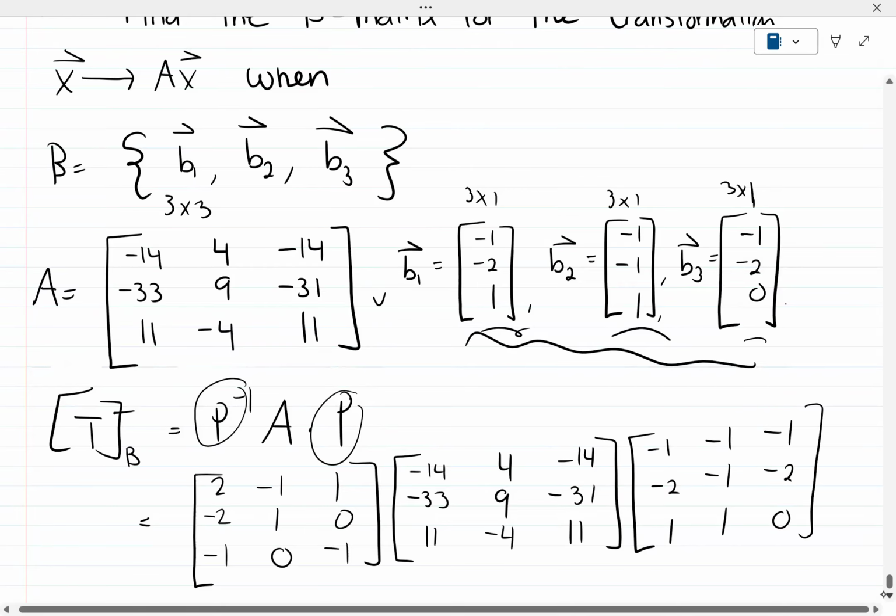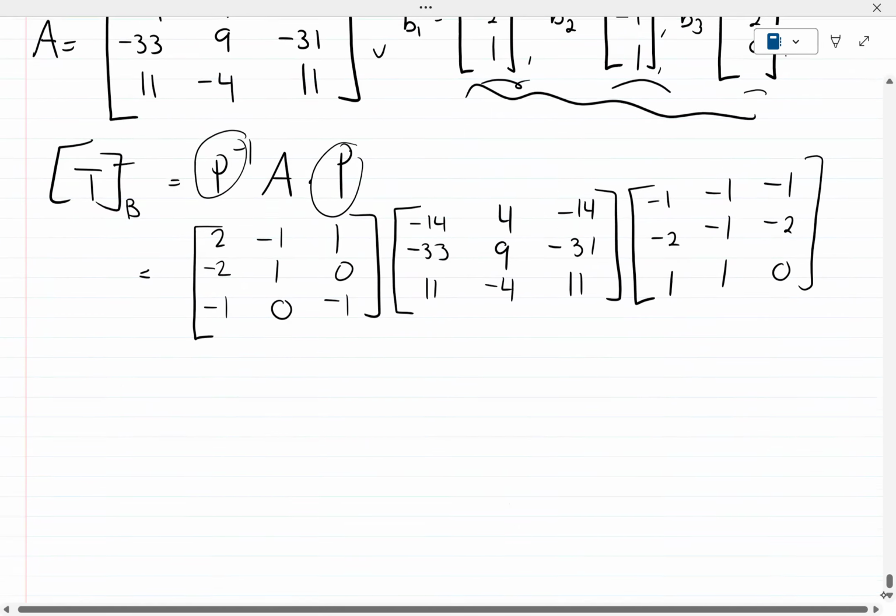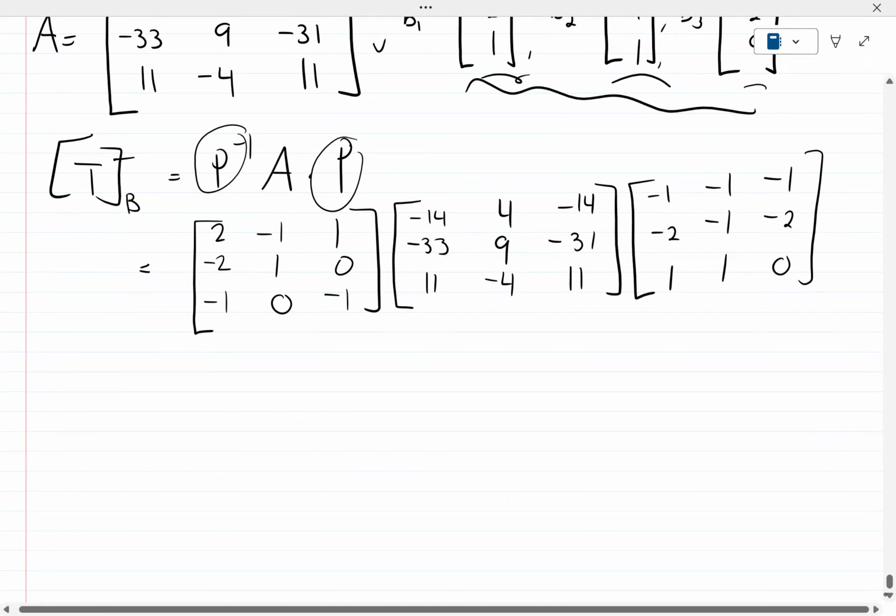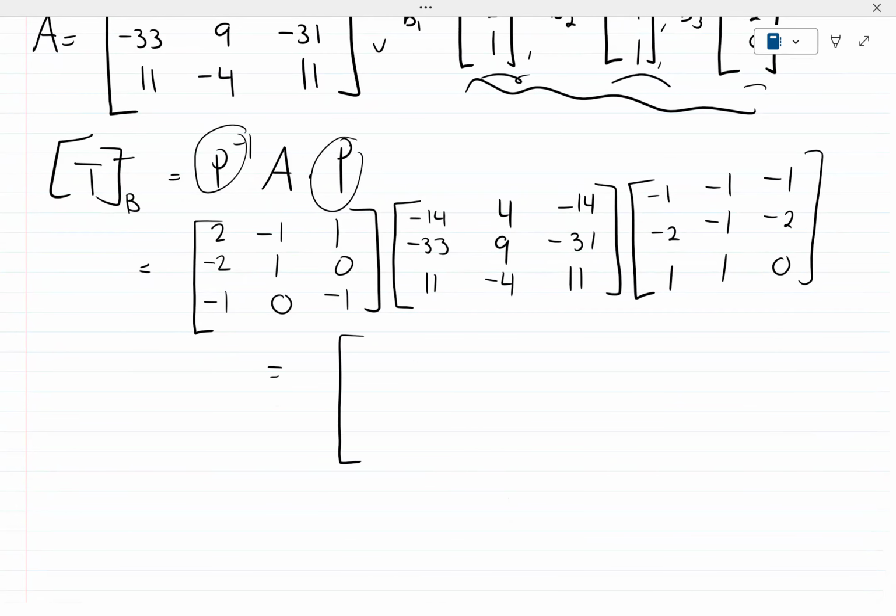And when you do all the algebra, or when you put it in the calculator, you get this 3 by 3 matrix: 8, 0, 0, 3, 1, 0, -6, 3, and -3.